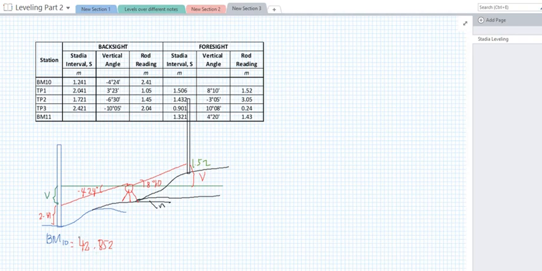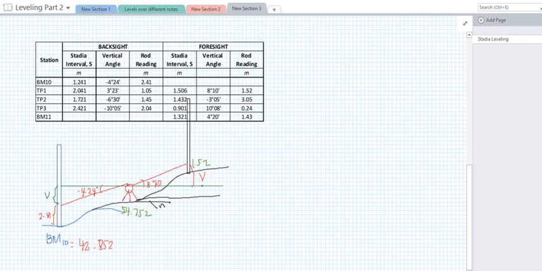Okay. So we will add the vertical distance from the backside, that is 9.49, and the rod reading of 2.41. So we get the height of the instrument of 54.752.